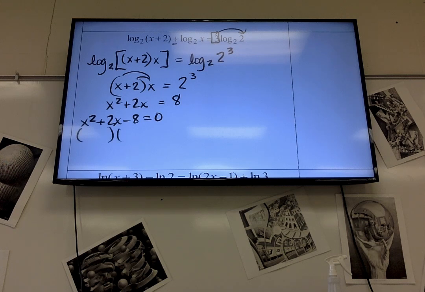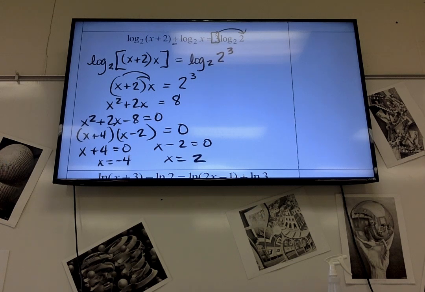And I need two numbers that multiply to give me negative 8 but add to give me 2. 4 and negative 2. Positive 4 and negative 2. So when you set those equal to 0, x equals negative 4 and x equals 2.